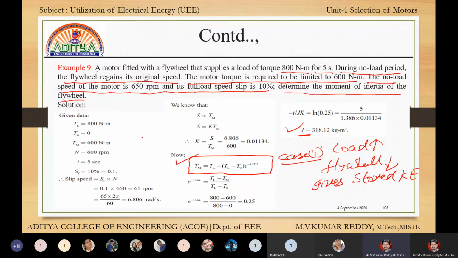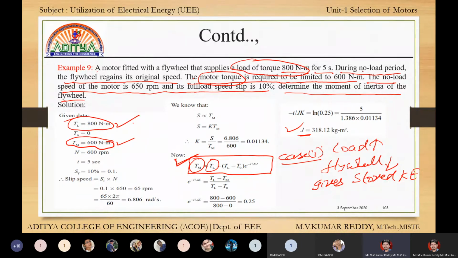First of all, this is the formula. In this formula, Tm is already given, that is the motor torque, 600 Newton meter. TL is also given, the load torque, 800 Newton meter.